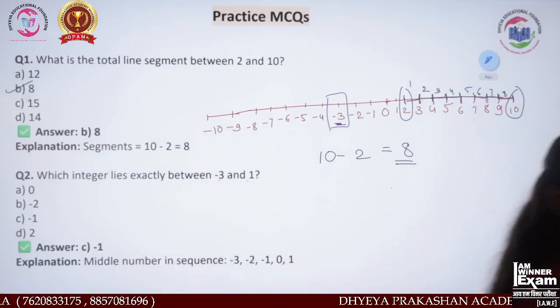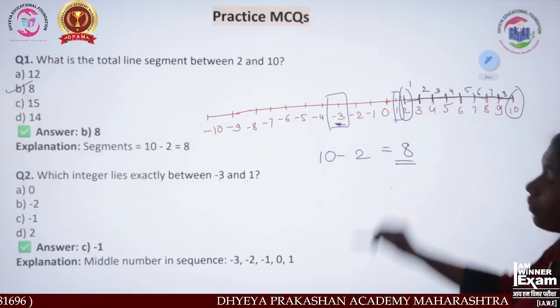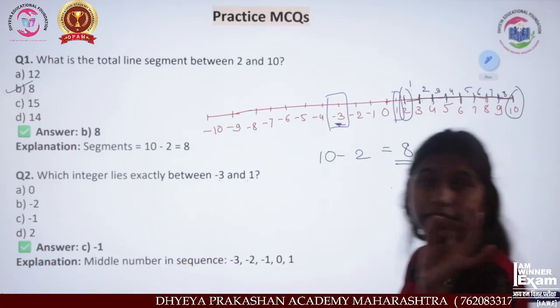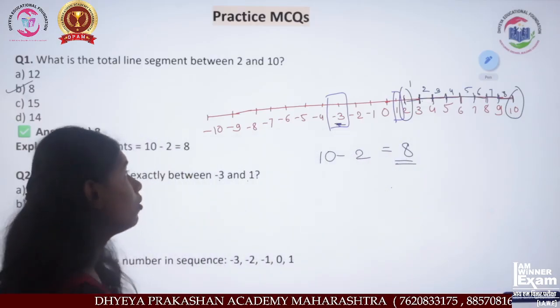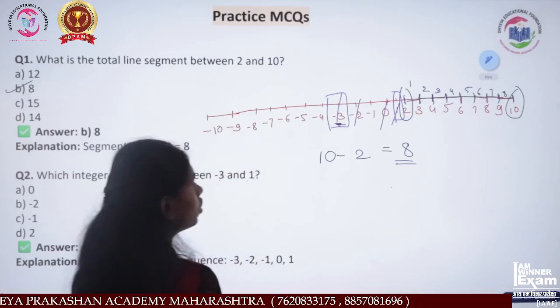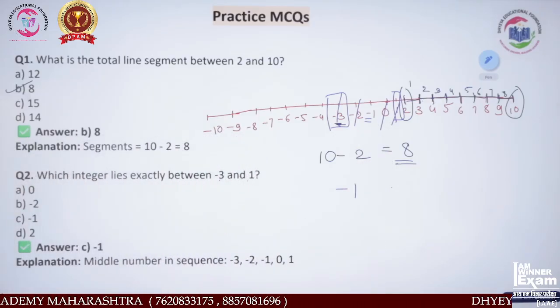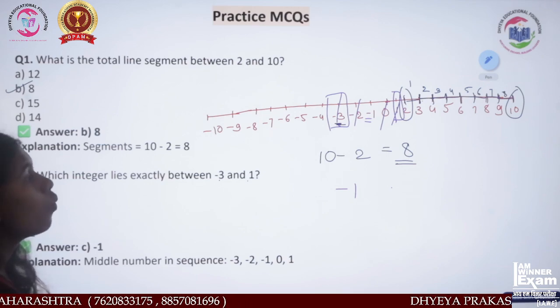That is 1. -3 and 1 is here. Now we have to find out which integer lies in between. Now -3, 1 cancel, -2, 0 will cancel, and then we will get -1. The remaining number will be -1.